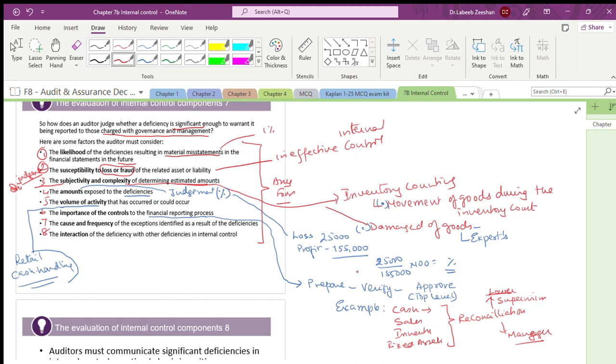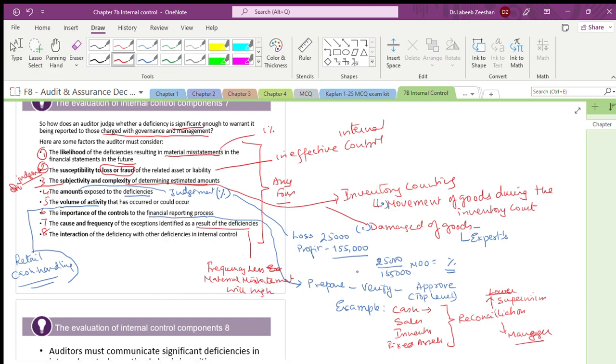The cause and frequency of the exceptions identify the result of a deficiency. The frequency may be less or more. Sometimes the frequency of errors will be less, but the material misstatements will be high.